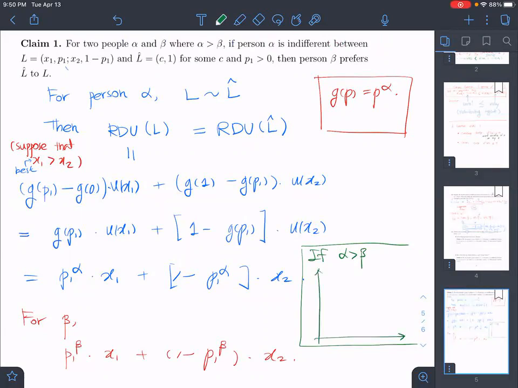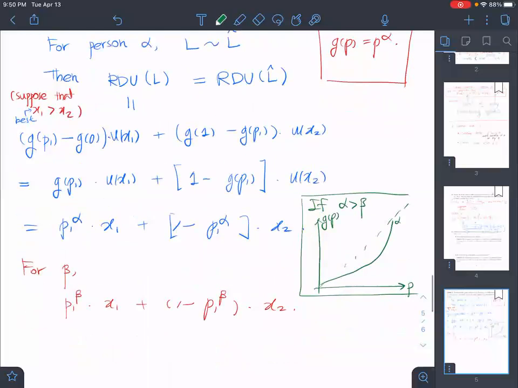then you can see that the G function, the probability weighting function, looks like this. If a guy is alpha, it will look like this, the convex function. Now let me draw beta first, and then for the guy alpha, it looks like this.